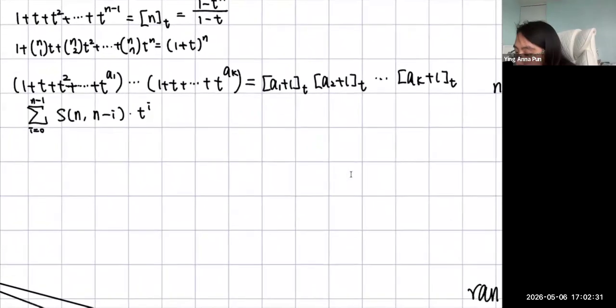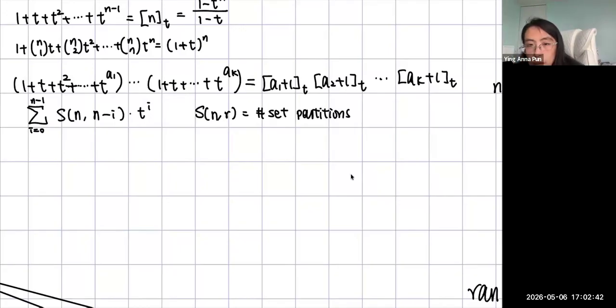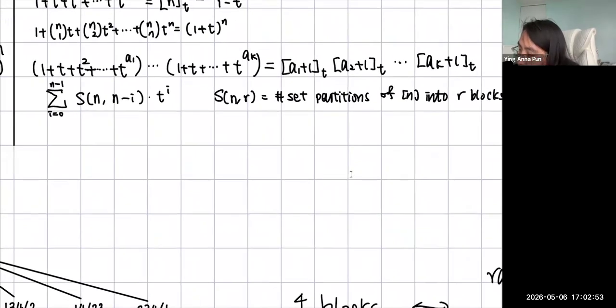Okay, so what is this S here? This S of n, r is the number of subpartitions of n into r blocks. And it has a name. This is called the Stirling number of the second kind.